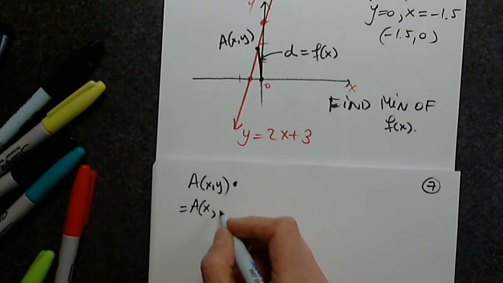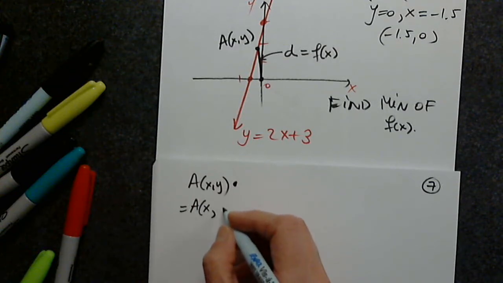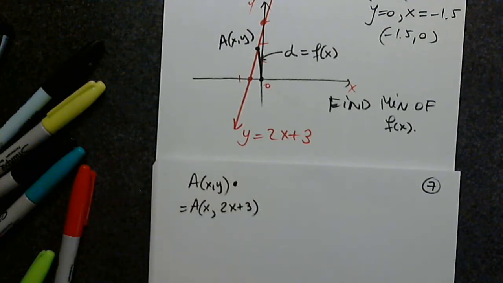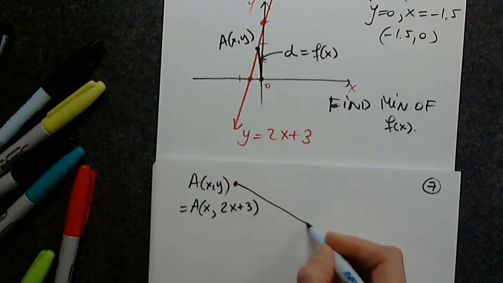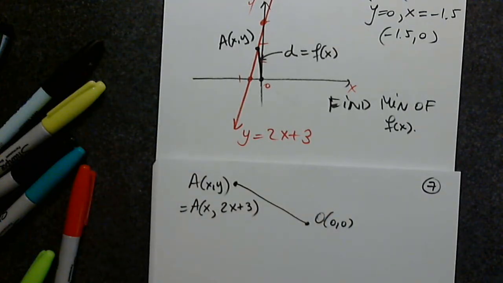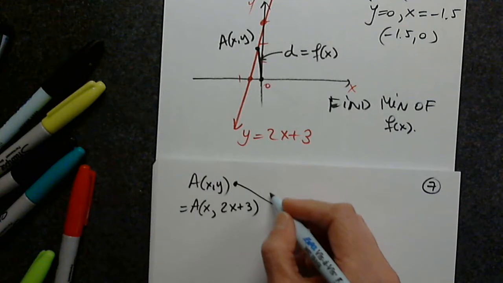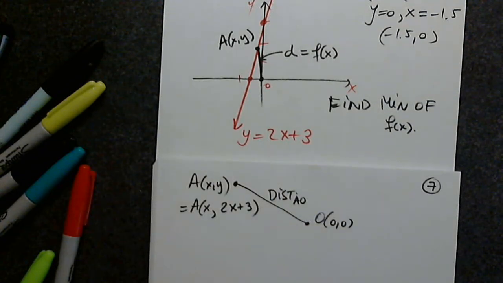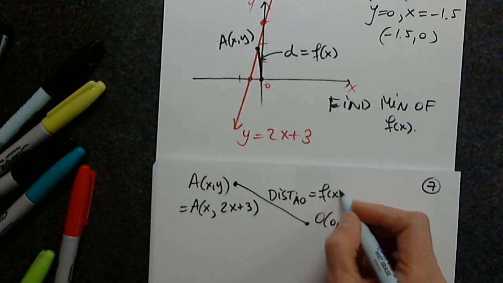If it is on the line, the y value must be, very good. So literally my point A is x comma 2x plus 3 because it is on the line. And I have a second point which has coordinates 0, 0. I want to find the formula for the distance AO, which would be our function f of x.